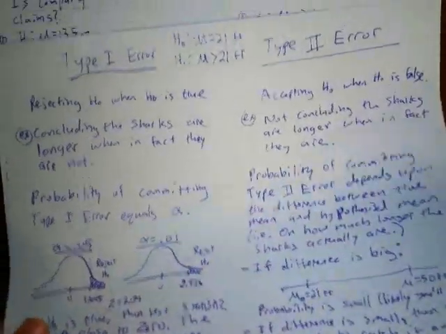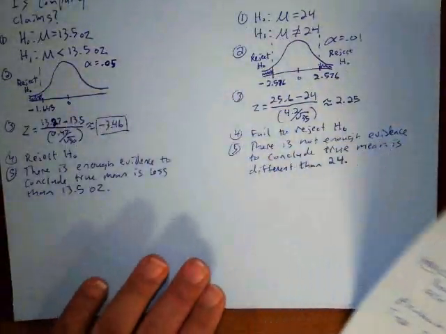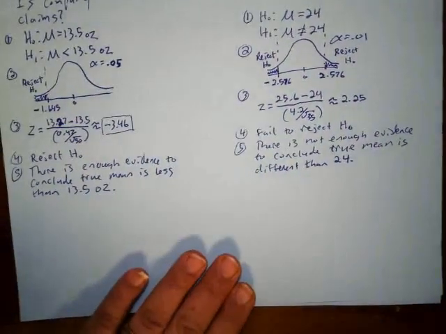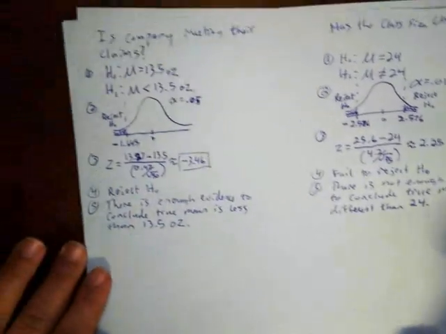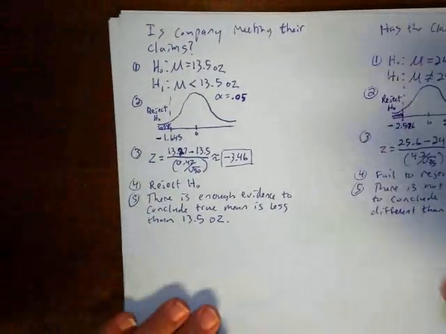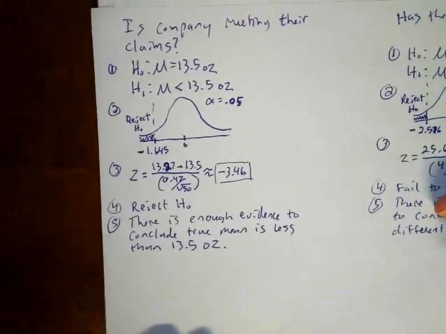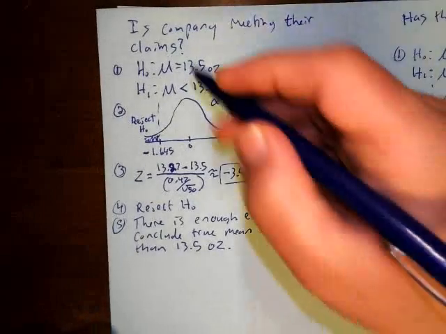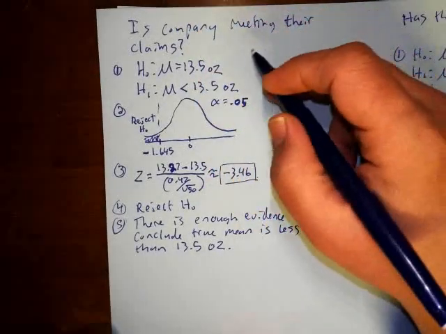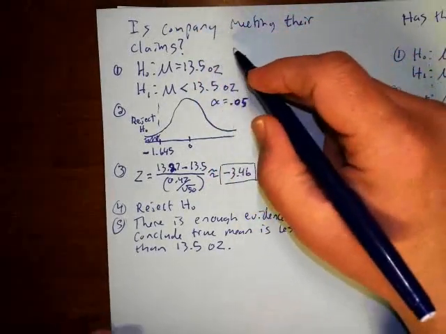So let's actually look at a couple examples of how I might think about this when I'm analyzing the results of an experimental study. So let me see if I can zoom in. This is the very first hypothesis test I did at the beginning of the lesson. Remember, we're trying to decide if the company was meeting their claims.